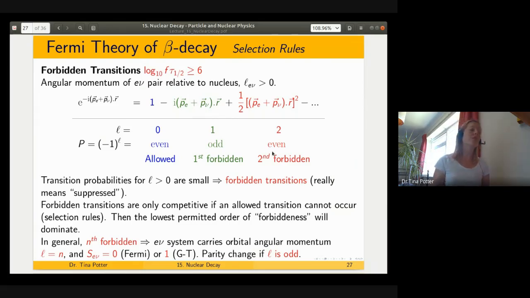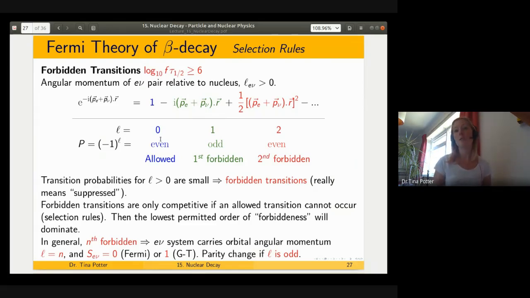So in general, the lowest order of suppression is going to dominate. So if you can't have an L equals 0 or an allowed transition here, maybe you can only have a Gamow-Teller transition and you're starting off with a J equals 0 state to a J equals 0 state, and that's not allowed.